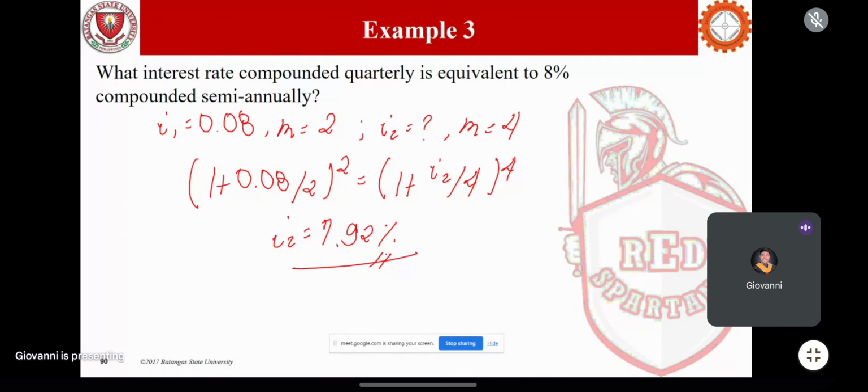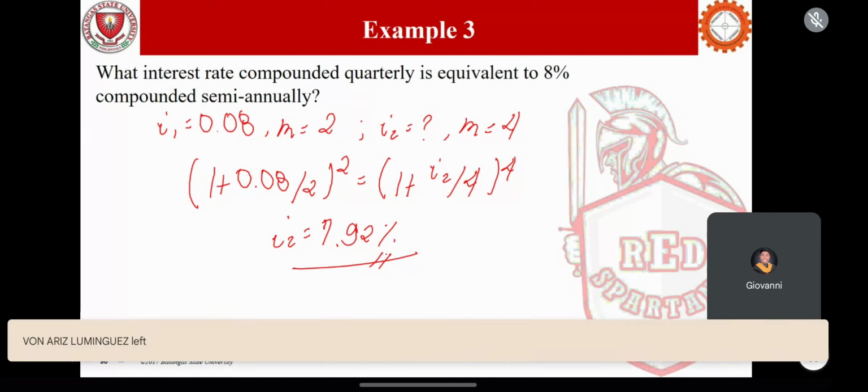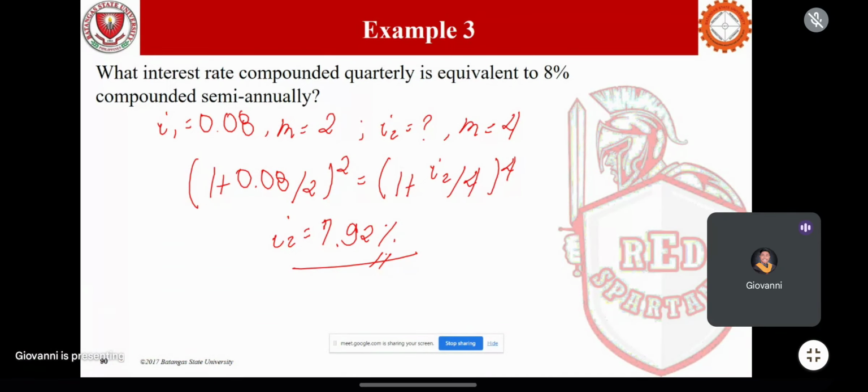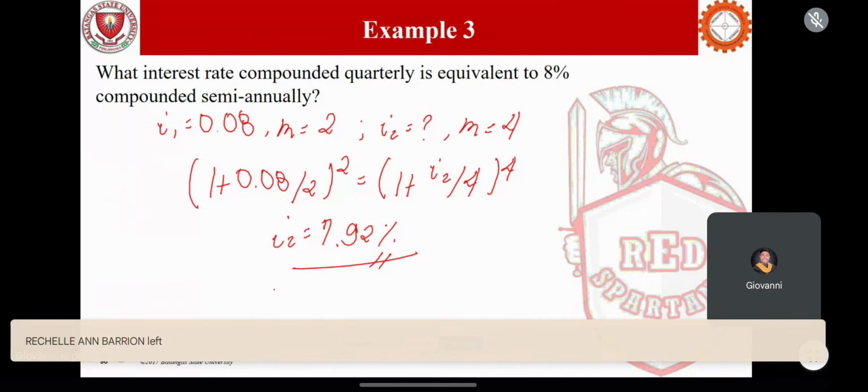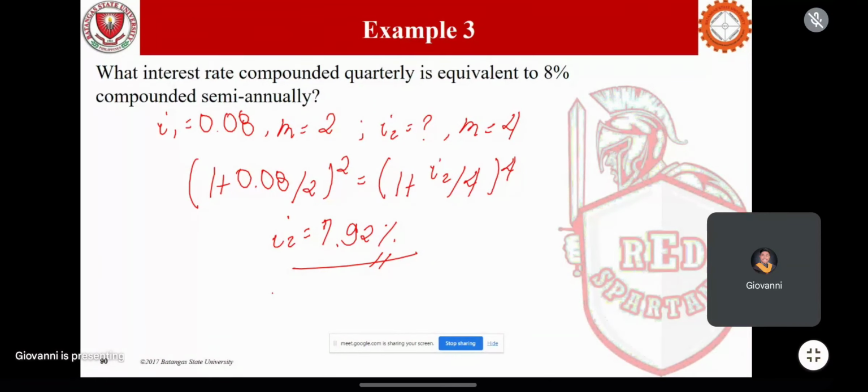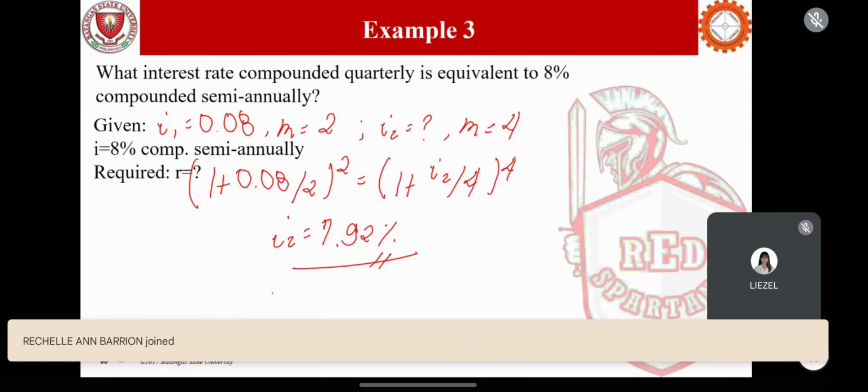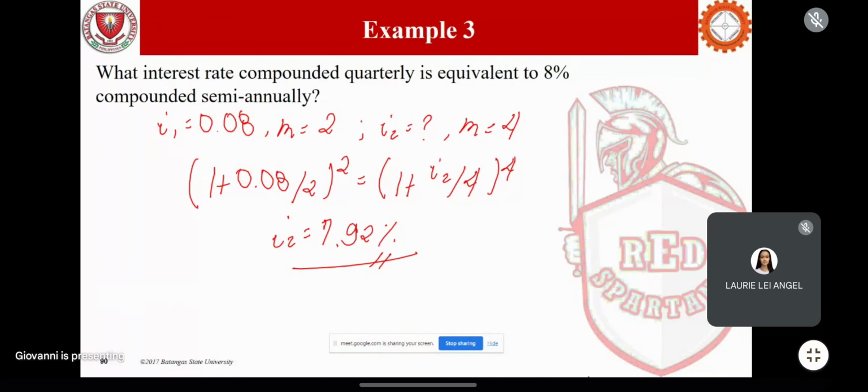Naintindihan po? Nakuha po? Guys, clear? Yes po.